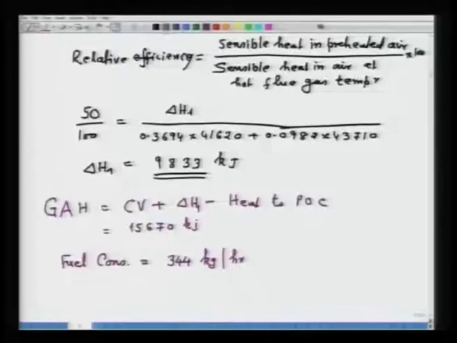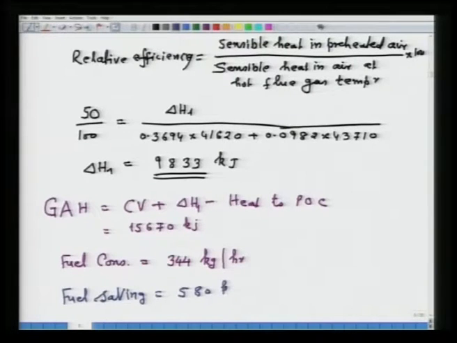By installing a preheater, now you are consuming for the same heat requirement 344 kg per hour. So, what will be the fuel saving? Fuel saving by installing a preheater or exchanger, that will be equal to 580 kilogram per hour.